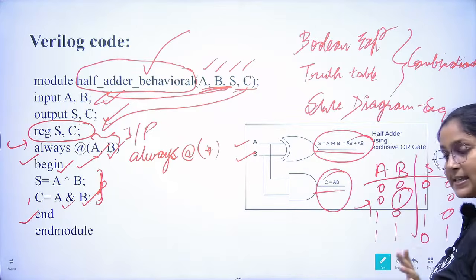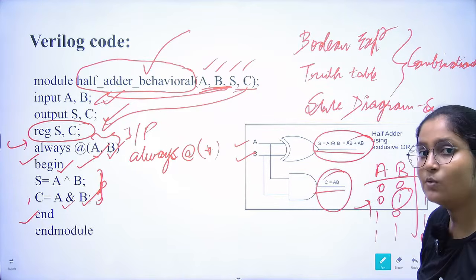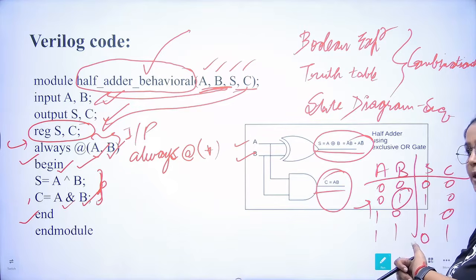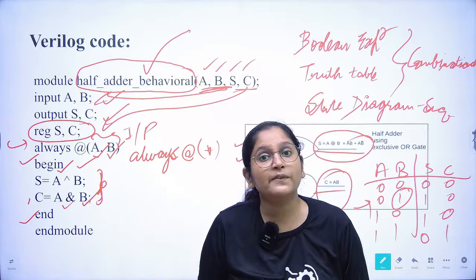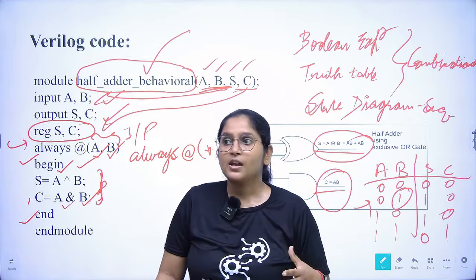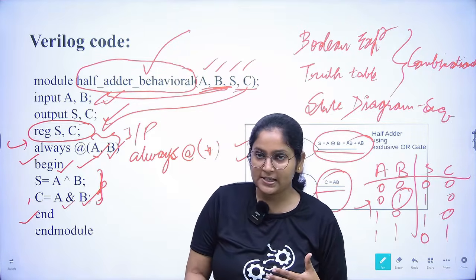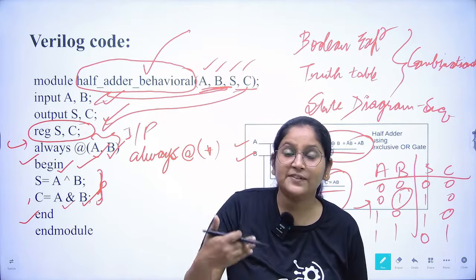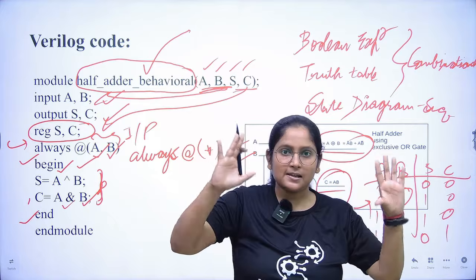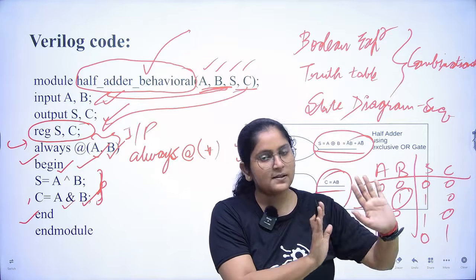And how it will print these values, that I will be discussing. How we will display our value, how we will monitor our outputs, how we will monitor the changes in inputs, how we will print the output with the help of test benches. That is a different story, we will discuss it afterwards.